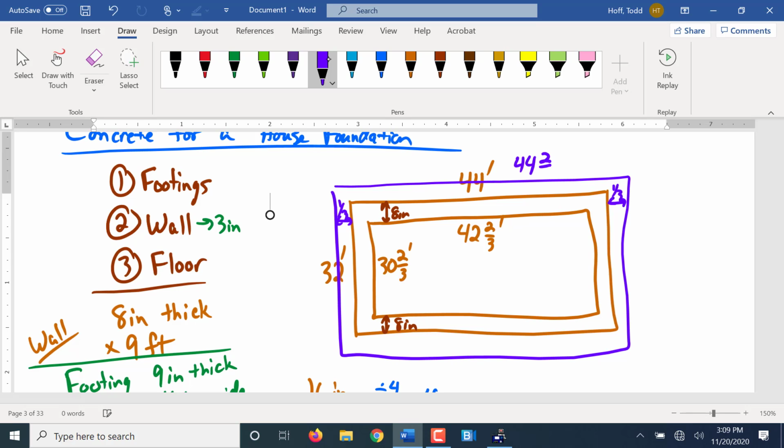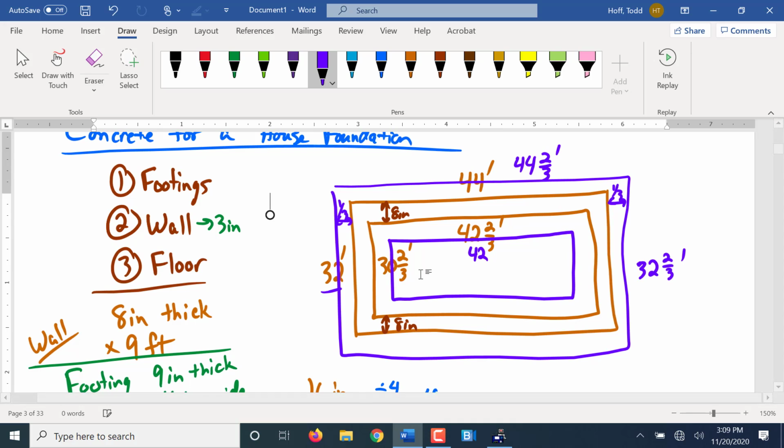It's 44 2/3 feet. Make sense? What's this one here going to be? 32 2/3. On the inside, if I subtract 2/3 of a foot, well, 42 2/3 minus 2/3 is just 42. 30 2/3 minus 2/3 is just 30.